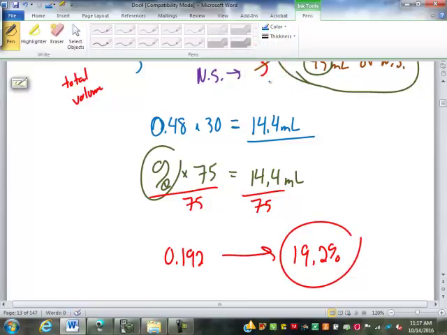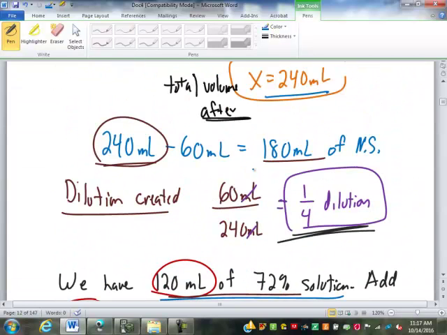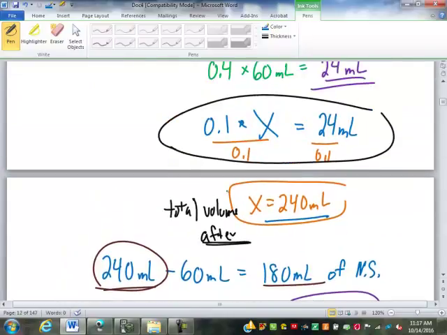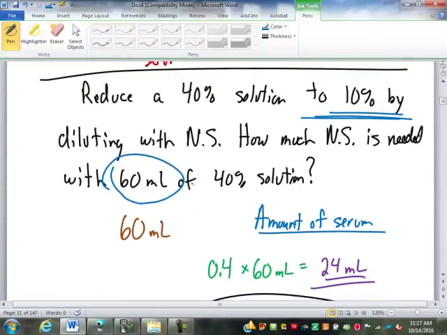Now, in each of these examples I did it out the long way. Now I want to go back and look specifically at the before and after for each. So for this first one, I went from 40% to 10%.